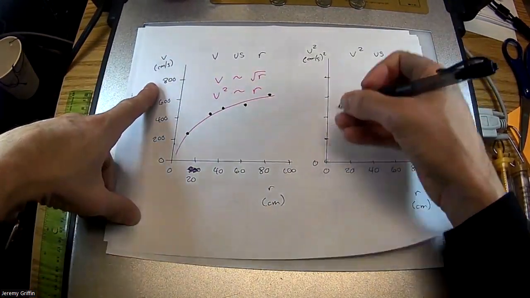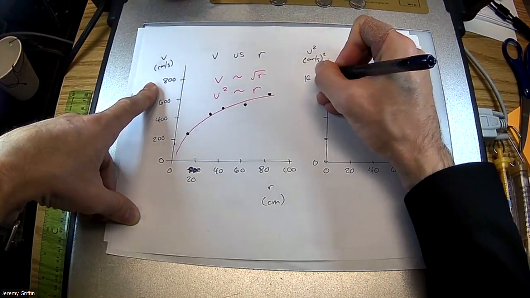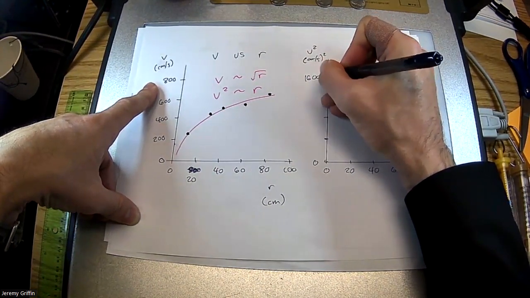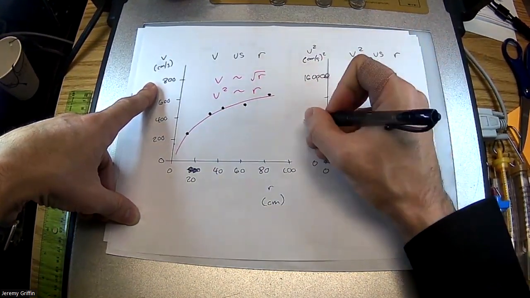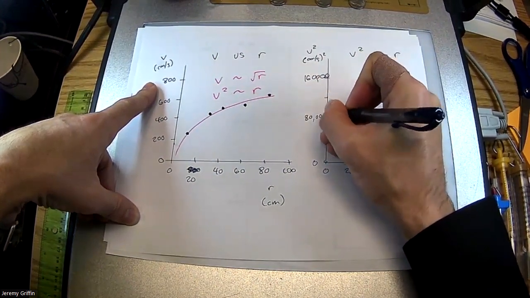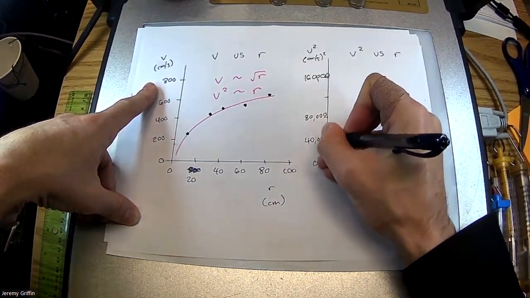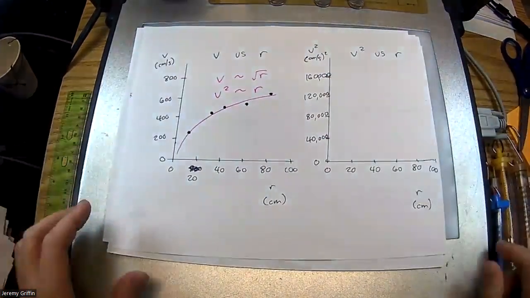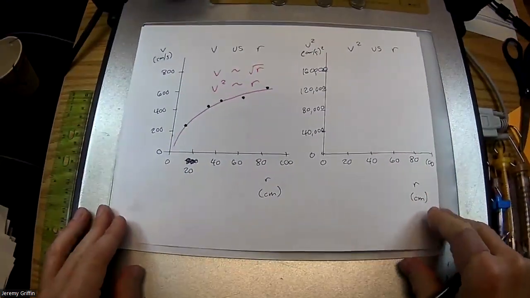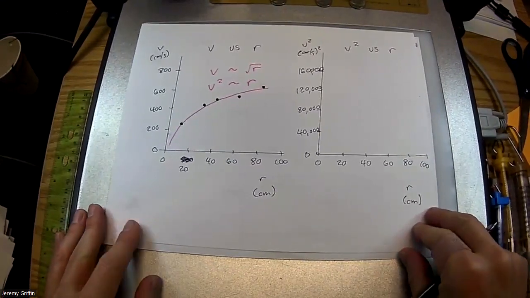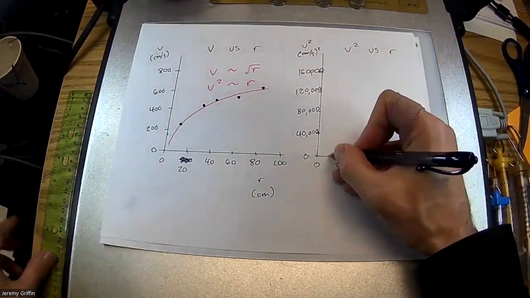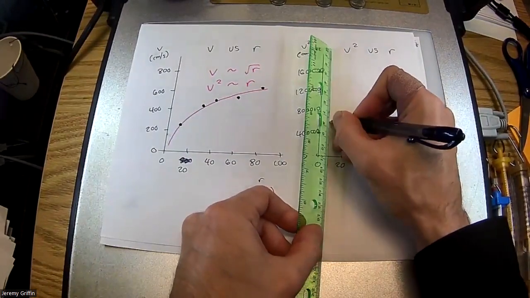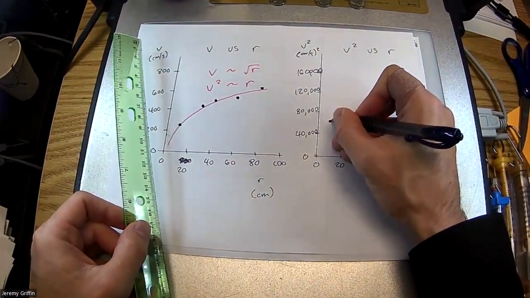See, 8 squared is 64. Okay, 160,000. This is 80,000. 40,000. 120. Something like that. All right. What's one data point? At 10, it was 61,000. Bam. The board.